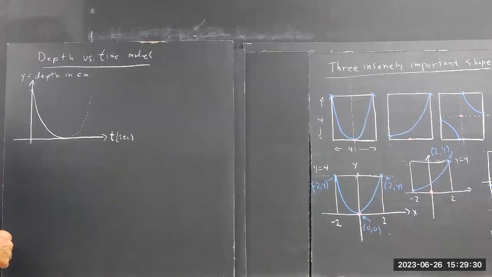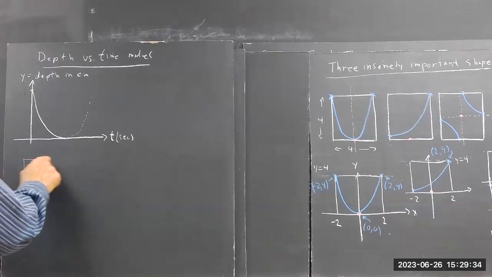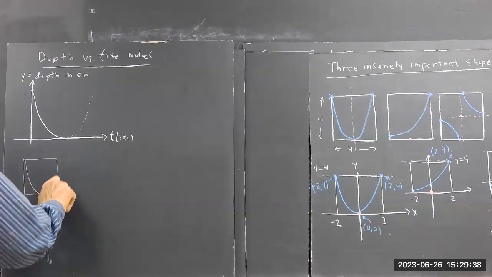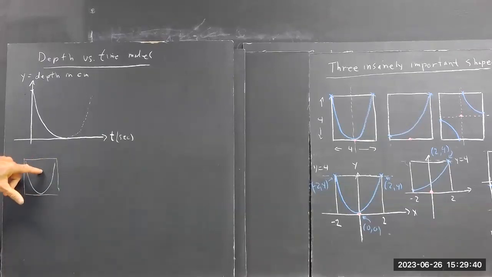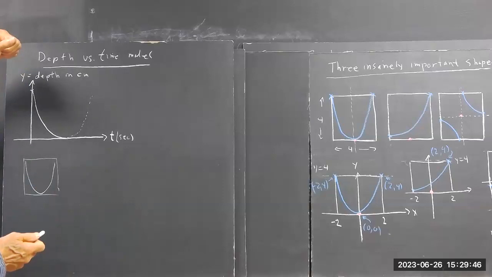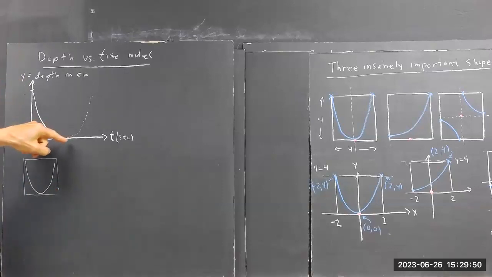And of course, to get that parabola, we just take our toolkit parabola and we stretch it this way or this way, a little bit of both maybe, to make it fit the information we have.